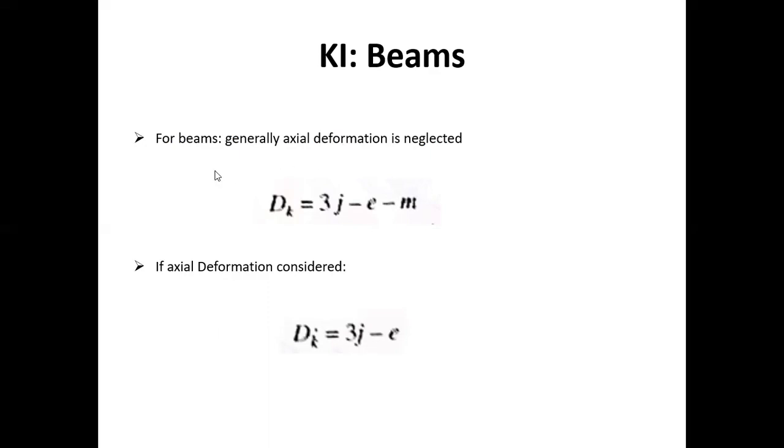But if we are asked to consider axial deformation, then m is eliminated from the formula, and the degree of freedom for a beam becomes dk equals 3j minus e, where e is the number of internal reactions in the beam. That depends upon the support condition. Now this is only for a beam.